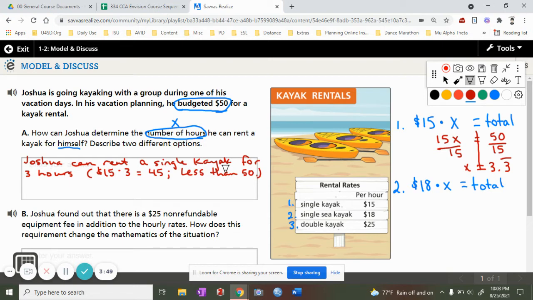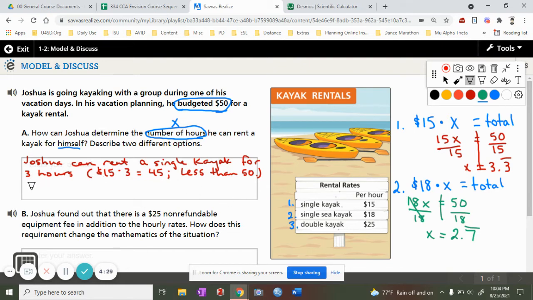And then the other option is to take our 18x equals 50 and divide both sides by 18. So we get x equals 2.7 repeating.